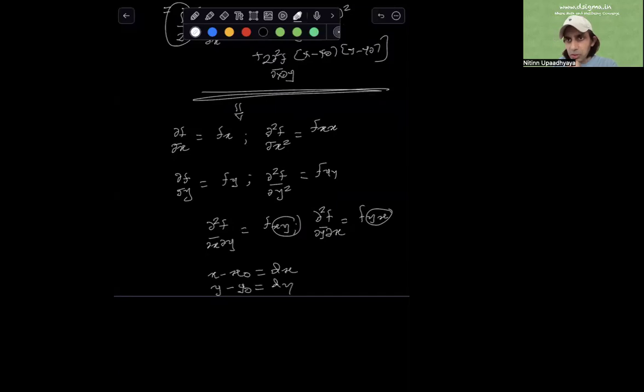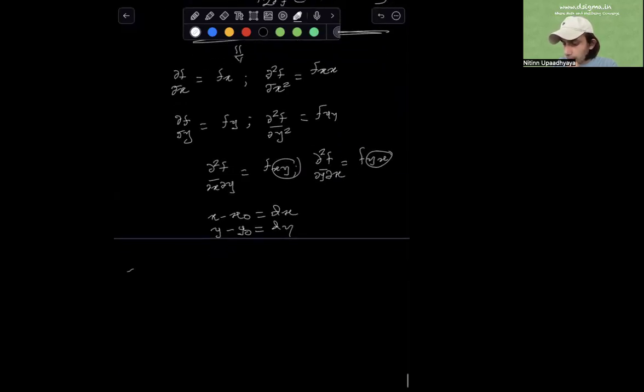So with these somewhat simpler notations, we can rewrite df as half of fxx dx squared plus fyy dy squared plus 2 fxy dx dy.